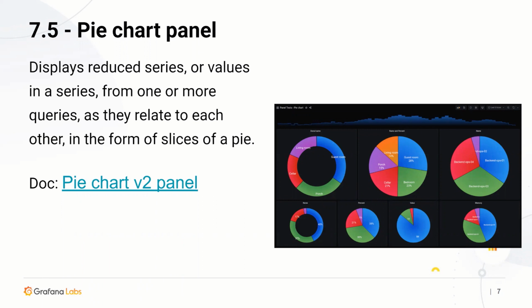What it does is it displays reduced series or values in a series from one or more queries as they relate to each other, and of course, displays them in the form of slices of a pie. We have comprehensive documentation written for this available. You can click on the link to view the documentation.